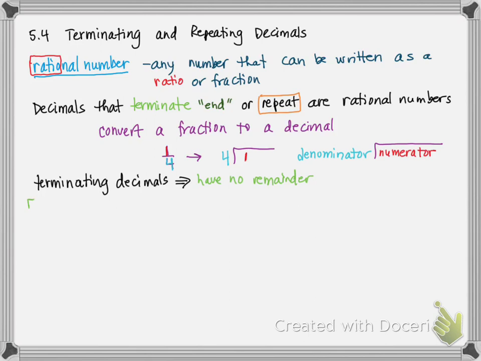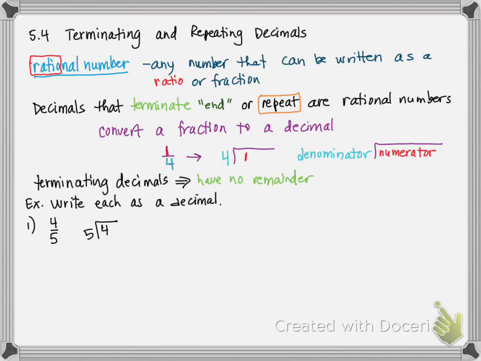Directions are going to say, write each as a decimal. So we've got 4/5. So it's going to be 4 divided by 5.